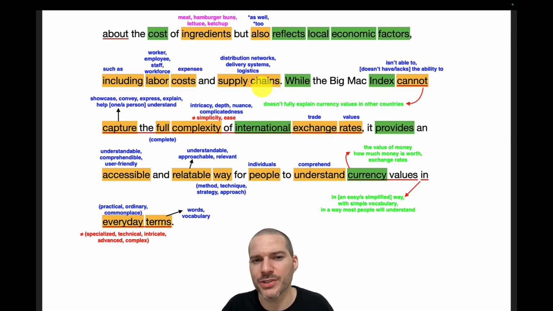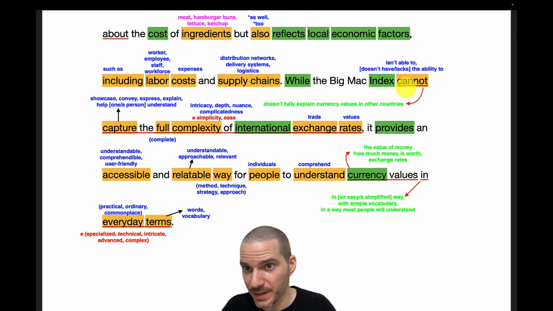So supply chains is the money you have to pay to send the ingredients to the stores. Supply chains, I wrote distribution networks, delivery systems, or logistics. If you live in a country where gas or oil are more expensive, you will probably pay more for your hamburger then. Okay?